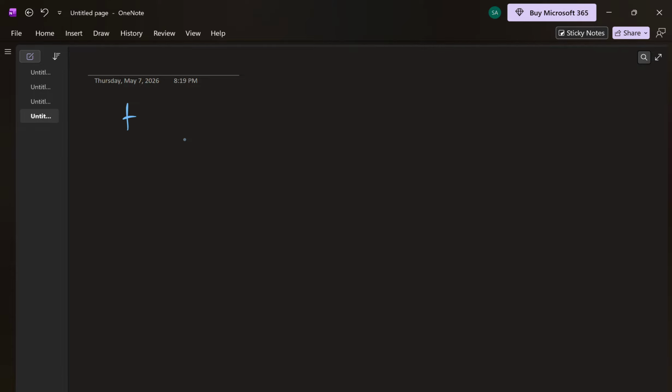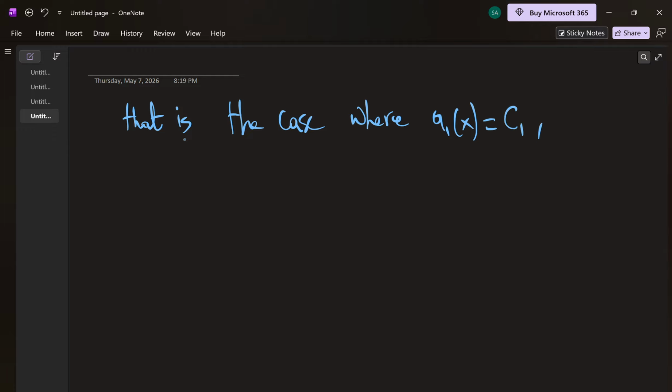That is the case where a1 of x is equal to some constant and a2 of x is equal to some constant. I will avoid the names c1 and c2, since we use them in the general solution. Let's call them p and q.